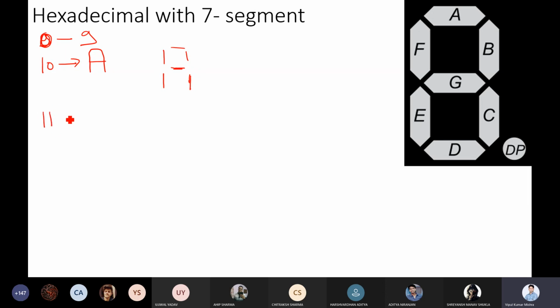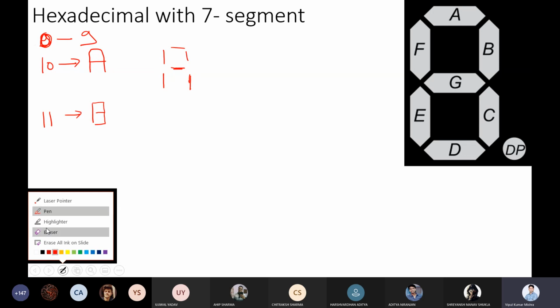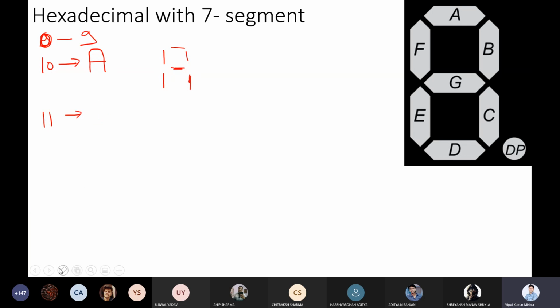Then you have 11. What will you do? B. All will glow. How will we differentiate it from 8?